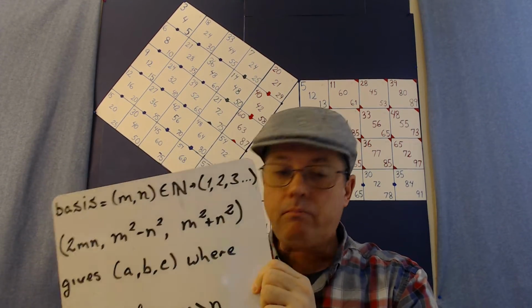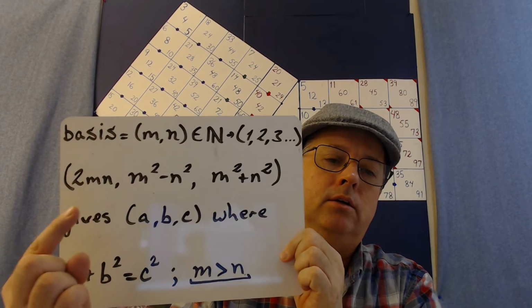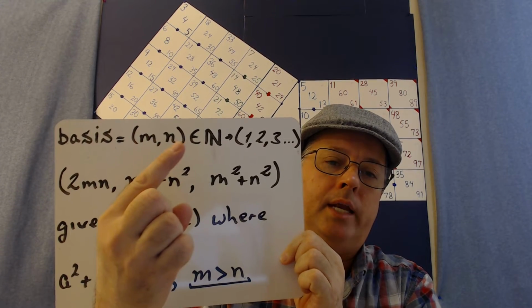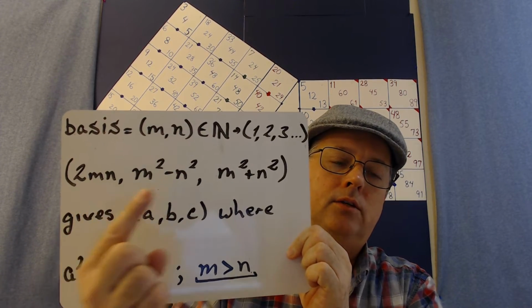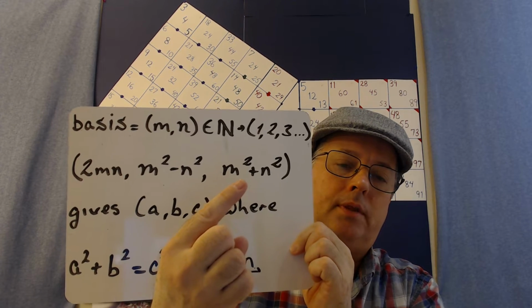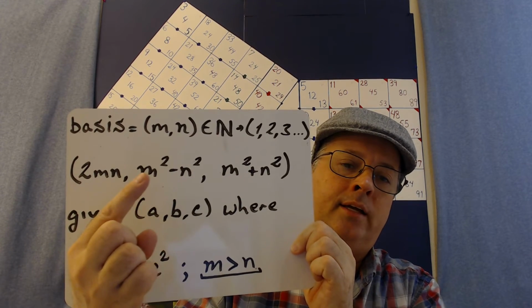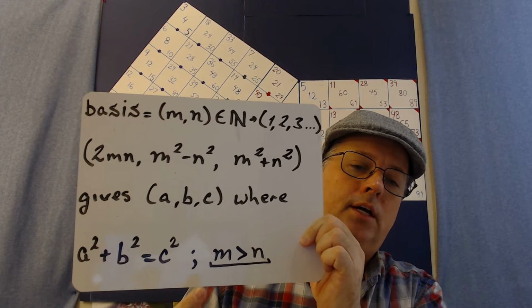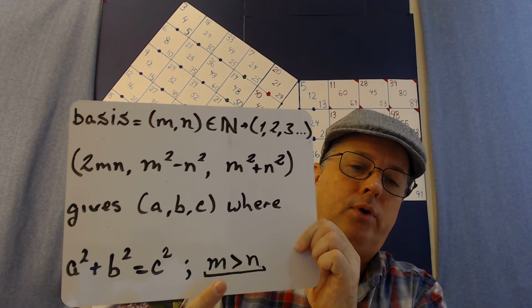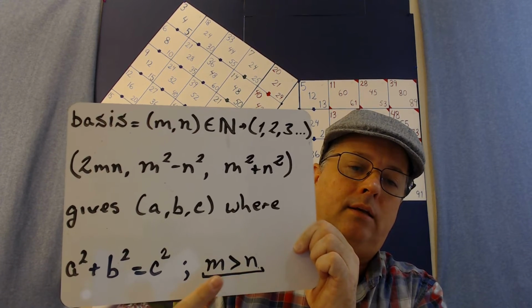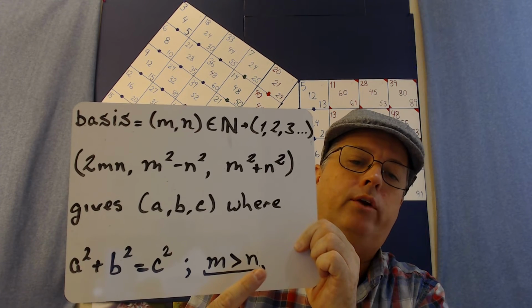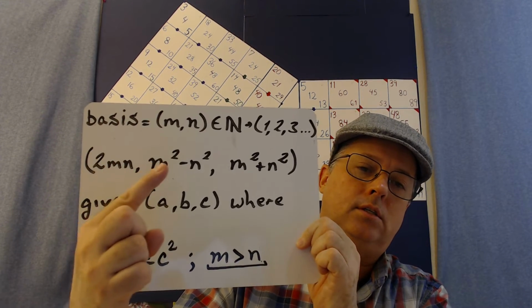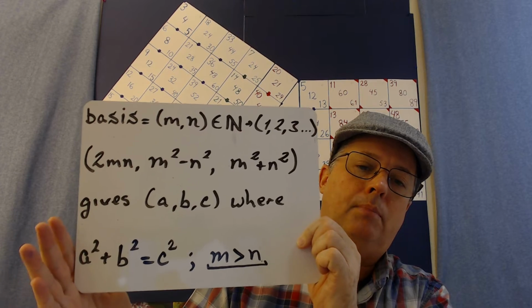And the thing about this one is when we had two values for m and n, this formula that generates Pythagorean triples had a subtraction in it. And so we had to put a restriction on m and n, saying that m had to be greater than n, so that this expression would always come out to be positive.